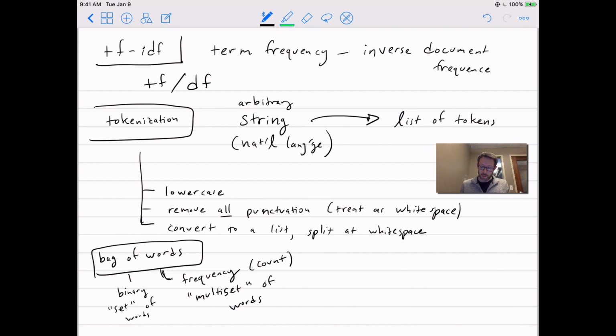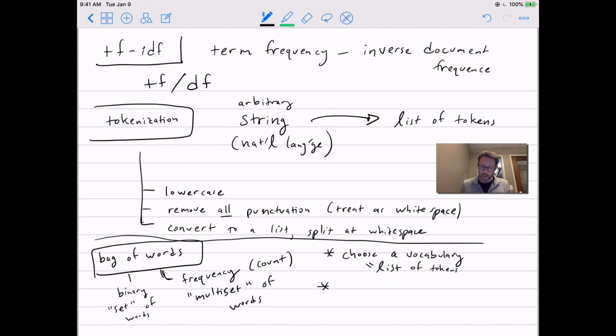Okay, so bag of words. In order to use a bag of words, typically you choose a vocabulary, which is going to be a set or a list. In this case, I'll call that a list of tokens.